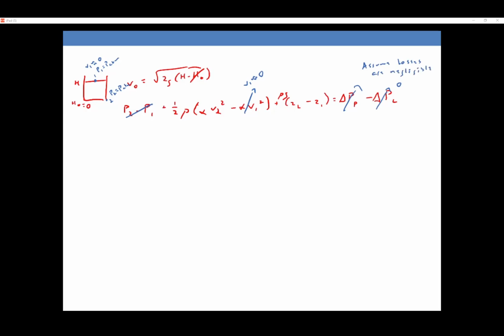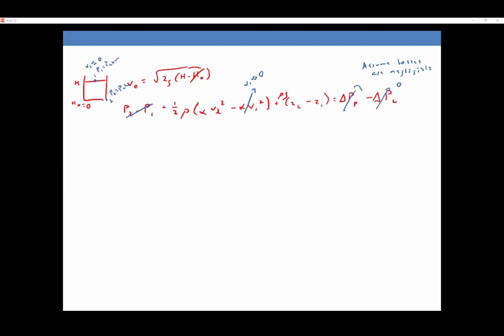It'll be close to negligible. It's a pretty good assumption. If instead of just a hole, we had a long hose, so it flowed out through a long hose, we would not want to assume losses were negligible, okay? Because there would be all those major losses there.